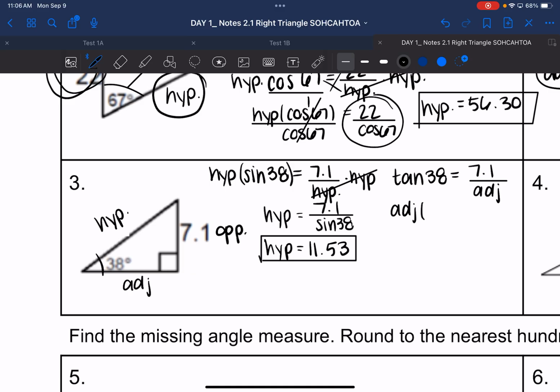So I'm going to have adjacent times tangent of 38 is equal to 7.1. And then what am I going to have to do? Divide. Okay. So the length of our adjacent side is what? 9.9. Good.